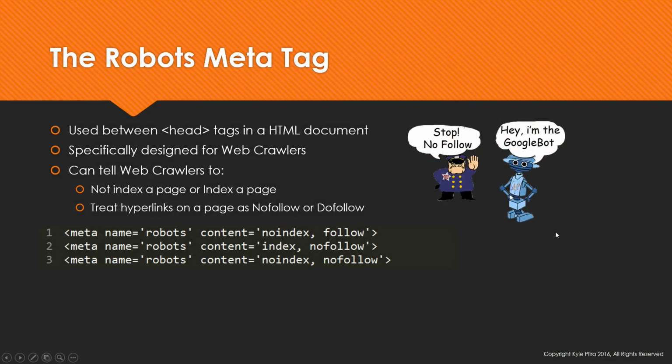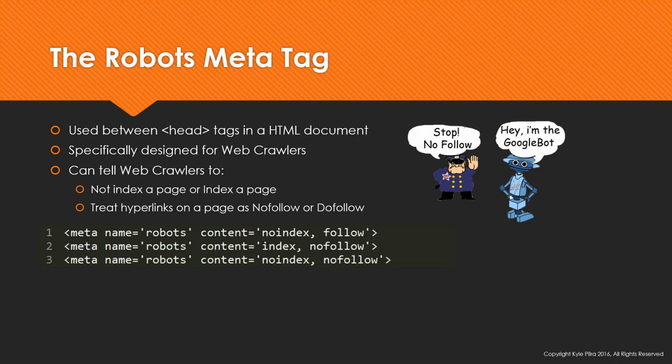Now, there's also another option that doesn't require you to use the robots.txt file, and this works on a page-by-page basis, rather than the robots.txt file, which allows you to quickly chop off really large sections of your website.